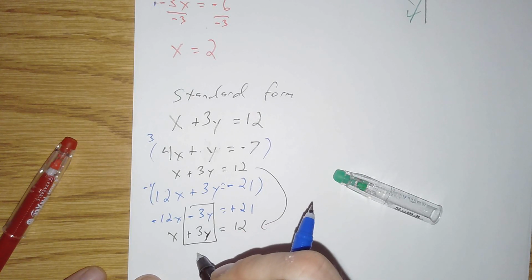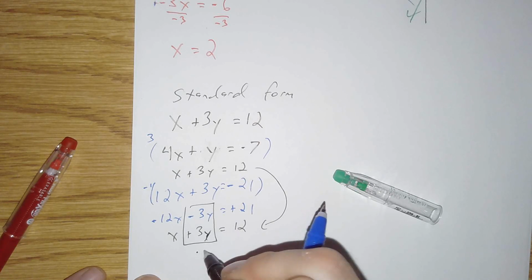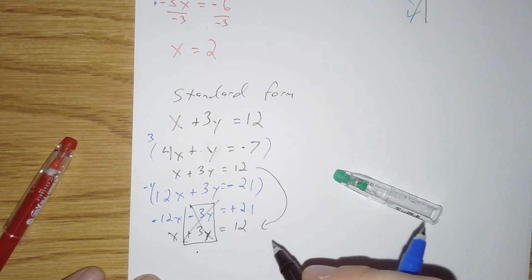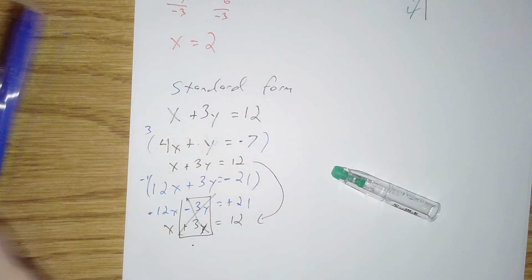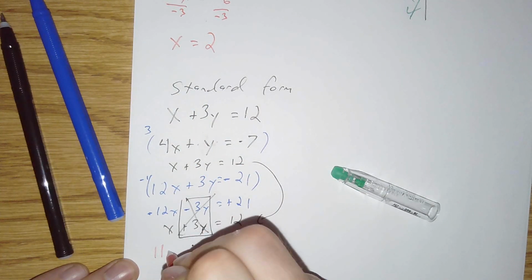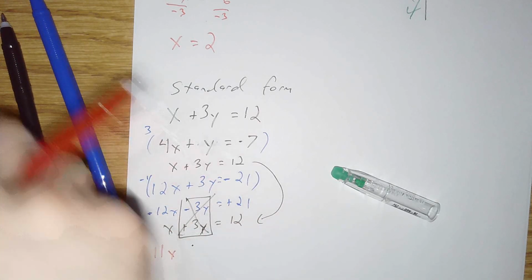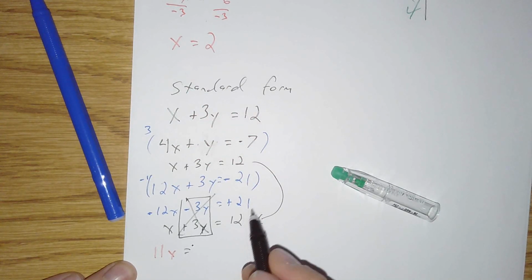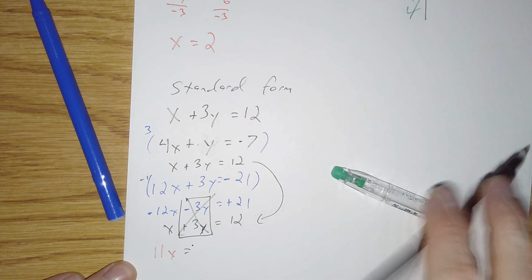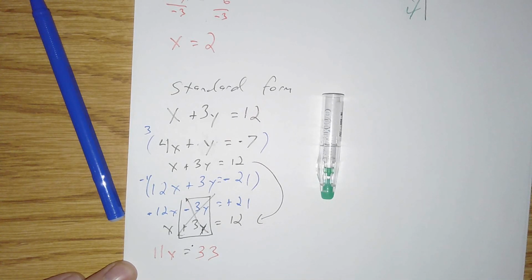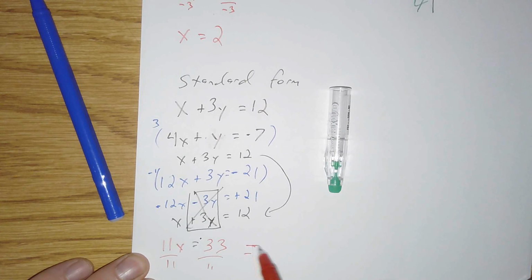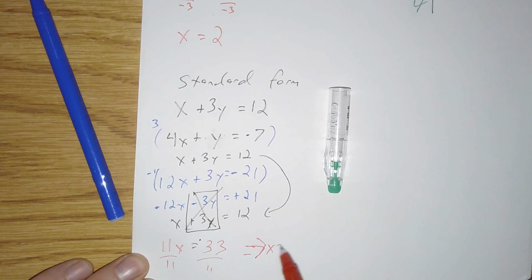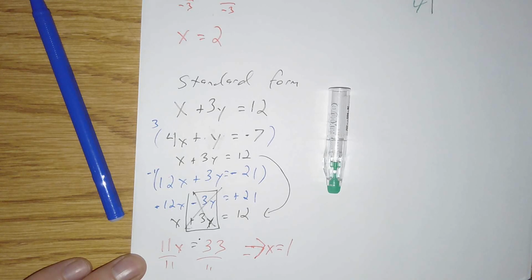That's 0y. I'm not even going to write it. They're just gone. Now I have negative 12x plus 1x becomes 11x, and then 21 plus 12 equals 33. So I just divide both sides by 11, the coefficient of my variable term, and I know that x equals 11.